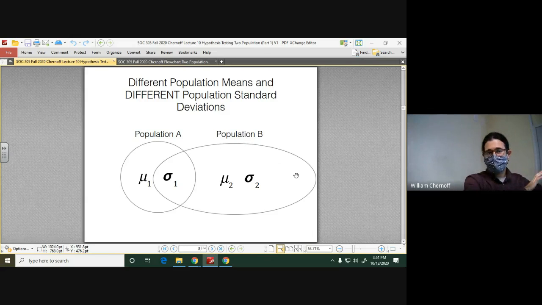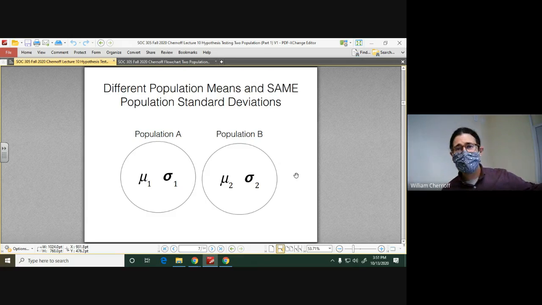So if we're in this kind of situation, where there's a difference in the spread of these two populations, then under certain circumstances, it can be really difficult to tell that these two populations are different, especially if they overlap.